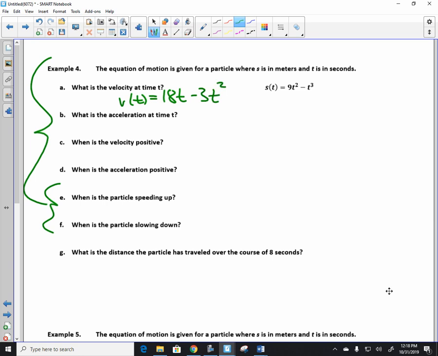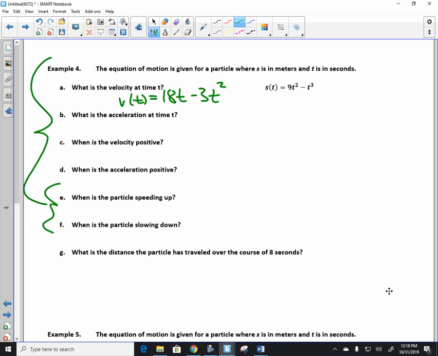Excellent. Now we introduce the second piece. It's no big deal. It's acceleration. Anybody's taken physics? Do you know how acceleration compares to velocity or position? Acceleration is the rate of change of velocity.